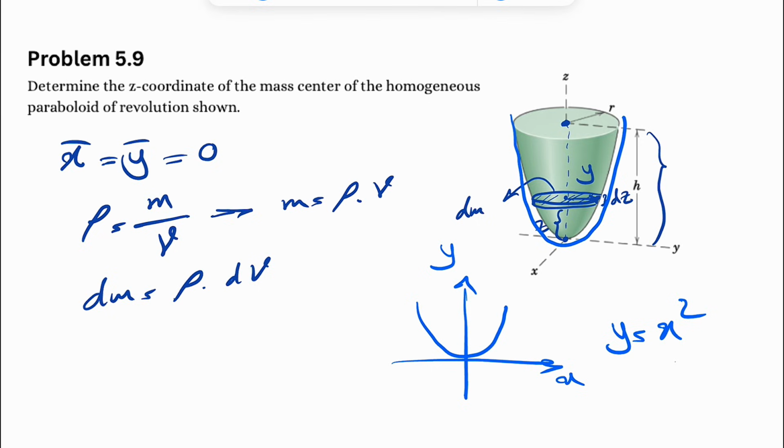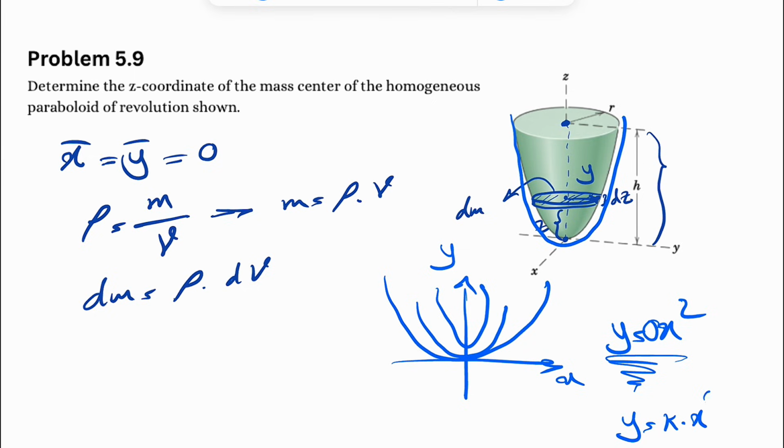But keep in mind that that's one specific condition. This parabola can be like that, can be like this, depending on the coefficient of the x squared. So if you want to write it in a general format, it's going to be k, which is our constant, times x squared, and that's something we need to figure out in this question.